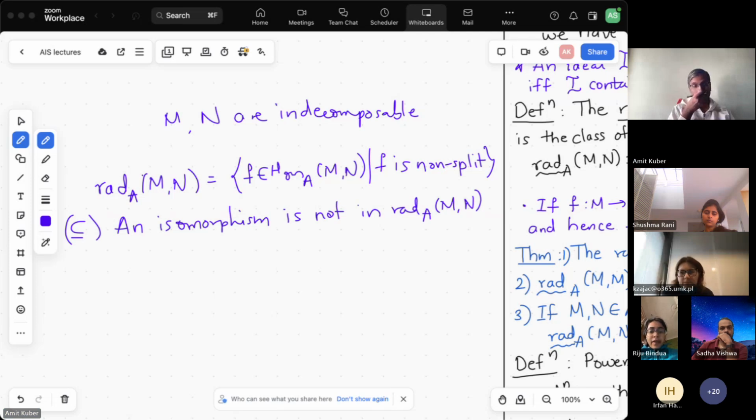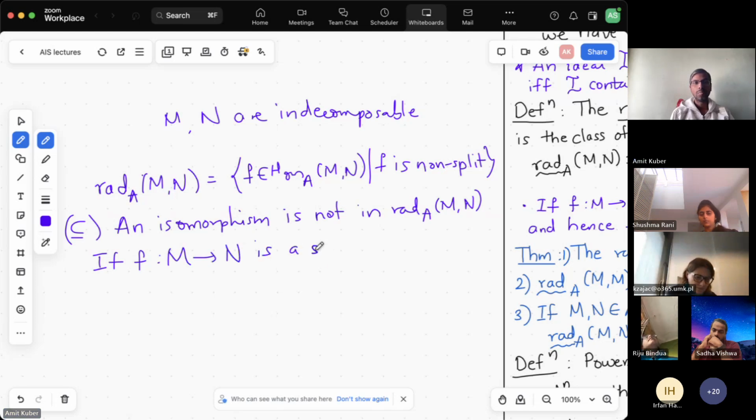And well, what can be a split mono between indecomposables? See, if F from M to N is a split mono, then what happens?